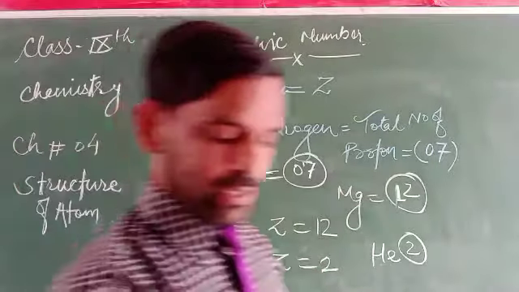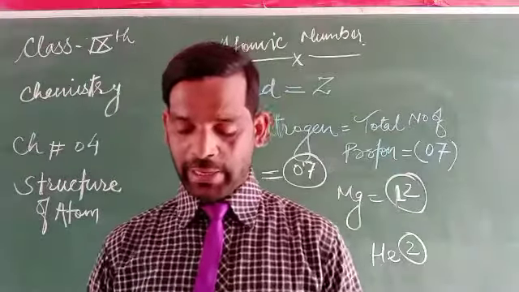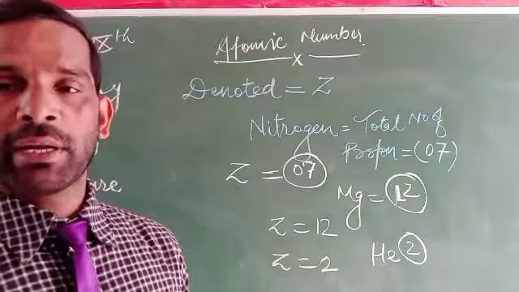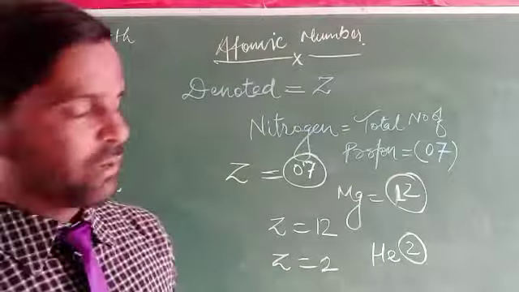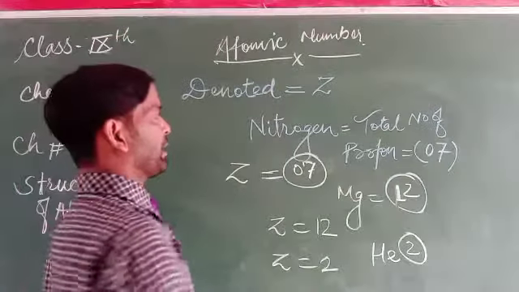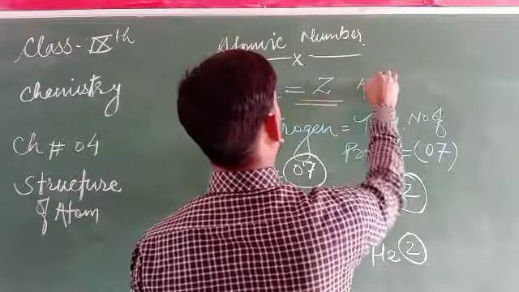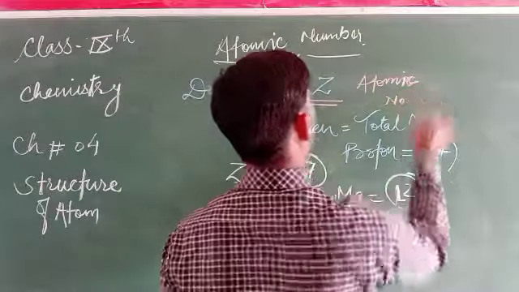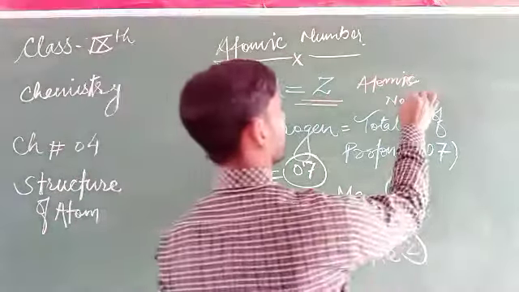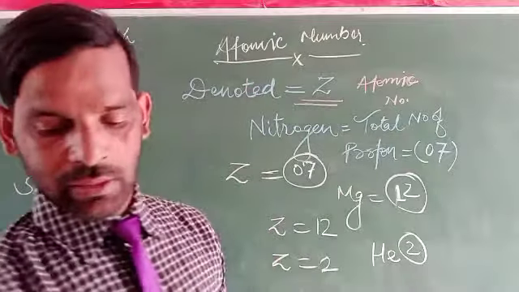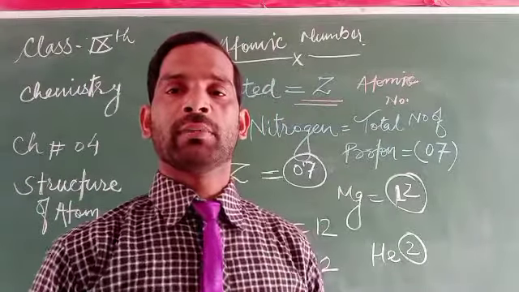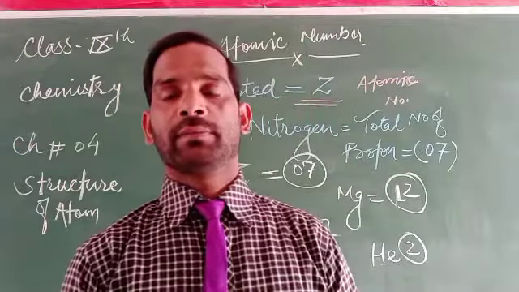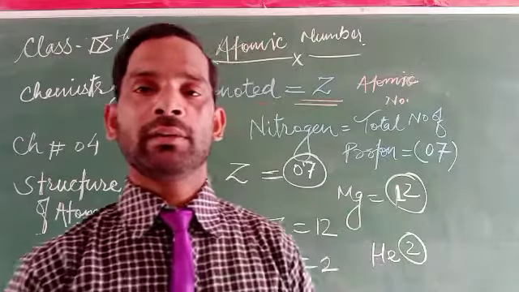So if there is a symbol or letter given as Z, it represents the total number of protons, and that is indicated as the atomic number. So atomic number is the total number of protons in an element, and this can be represented by Z.